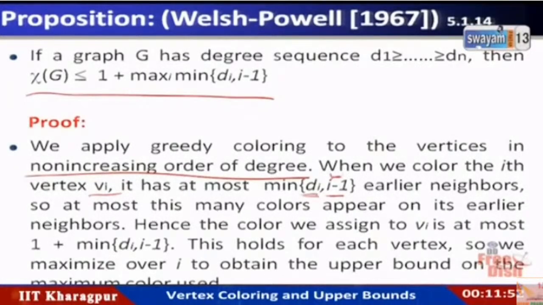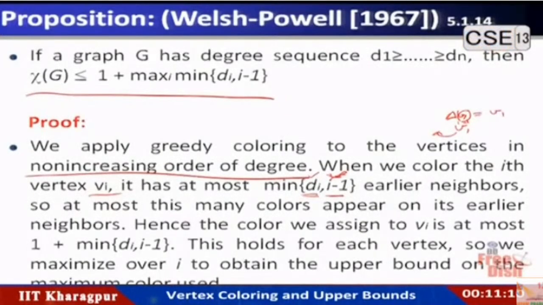So i minus 1 says that if the highest degree vertex is V1, V1 is placed first, before V1 there is no other neighbor, hence di will not be used. So i minus 1, that means the index i is 1, so 0 colors will be used. So the minimum of these two, the smallest index and the degree values, are taken together in the Welch-Powell heuristic.